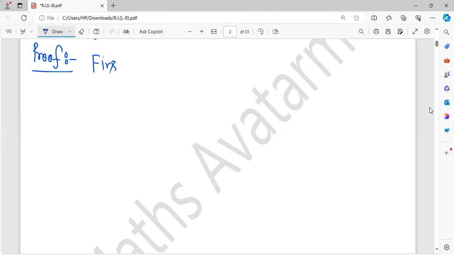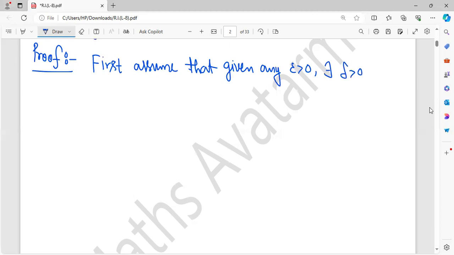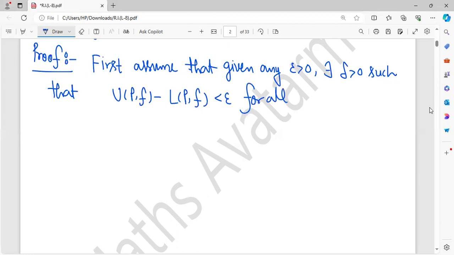First, assume that given any epsilon greater than 0, there exists delta greater than 0 such that U(P,f) minus L(P,f) is less than epsilon for all partitions P of [a,b] with norm of P less than delta.